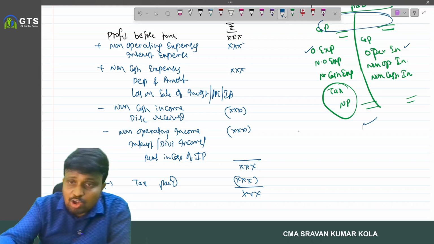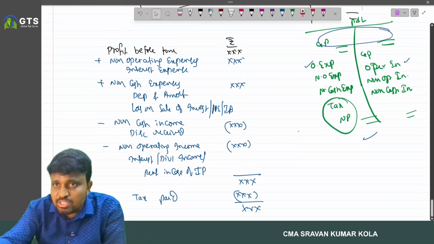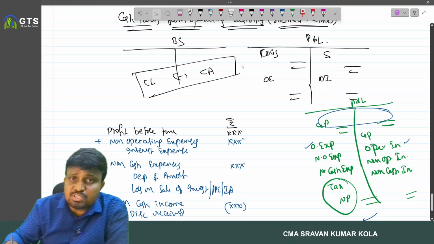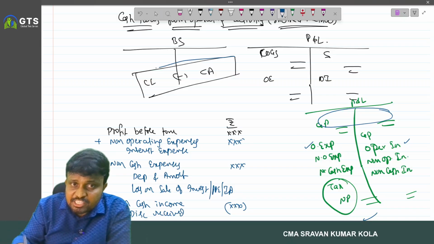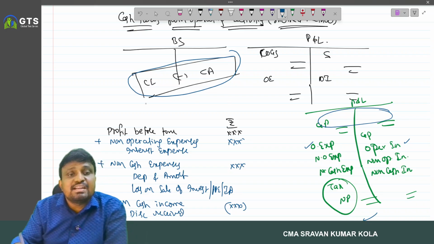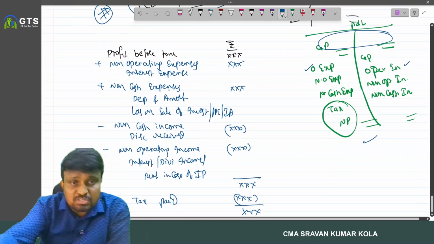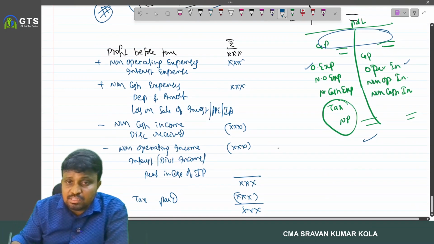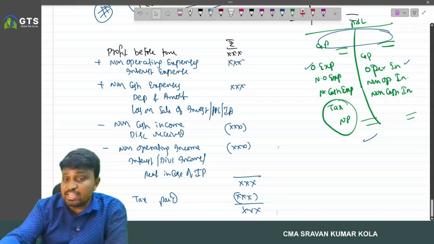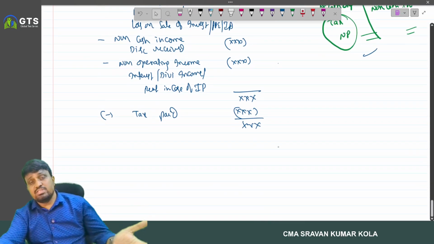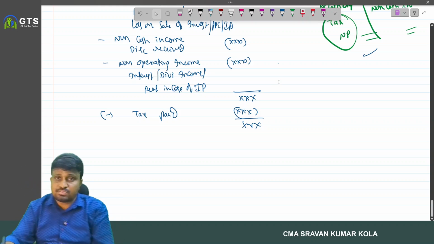And this is about P&L items. But operating activities cover not only the P&L; balance sheet items are also covered. And in the balance sheet, it covers only current assets and current liability related matters, nothing but working capital related matters. You have to verify whether working capital, when compared with the previous year, increases or decreases.